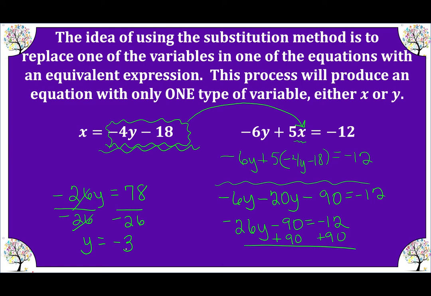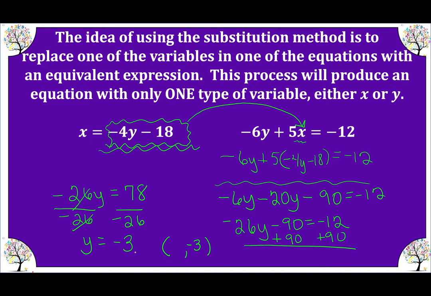So the y coordinate of the point of intersection is negative 3. So when we write our ordered pair, remember to put the coordinate value in the correct spot. So it's x comma y. Now we know what the y is.